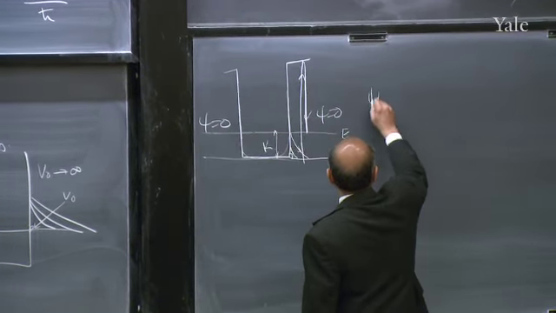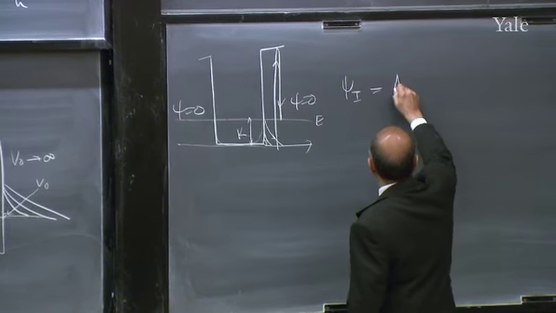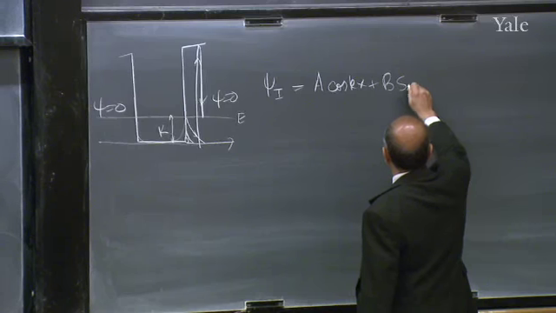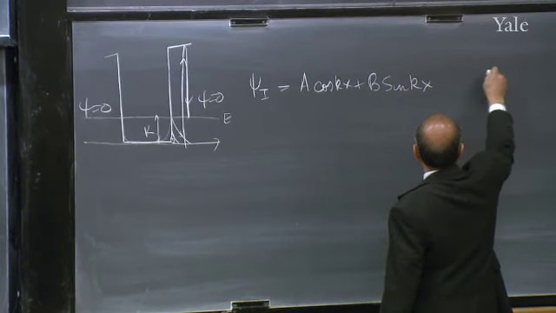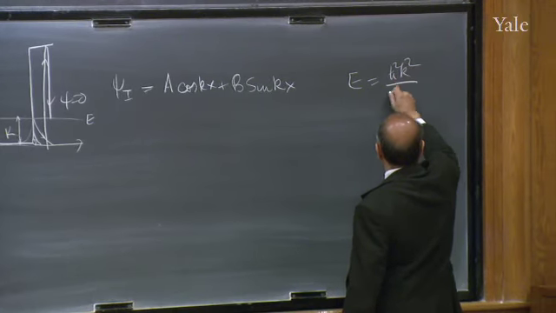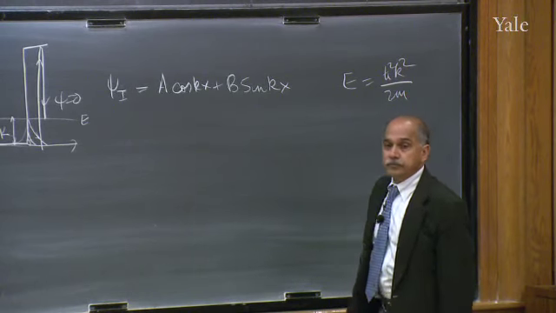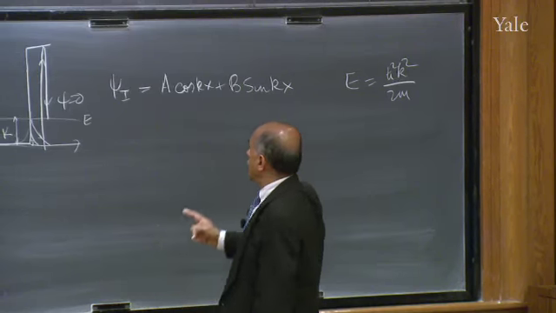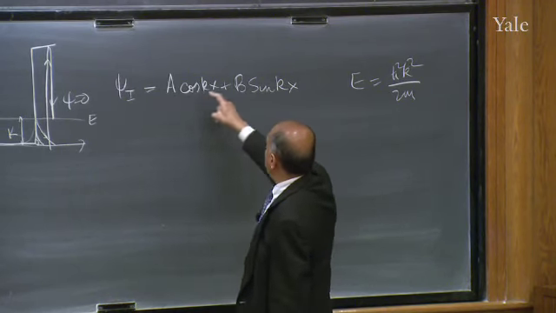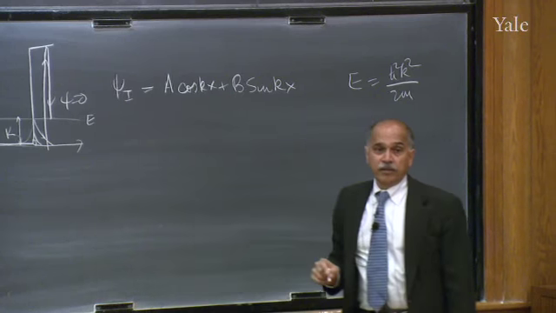And in region 1, I've shown you psi is equal to A cosine kx plus B sine kx, where the energy is related to k by h bar squared k squared over 2m. So first, when we did only region 1, we get the impression that A and B and k can be whatever you like.